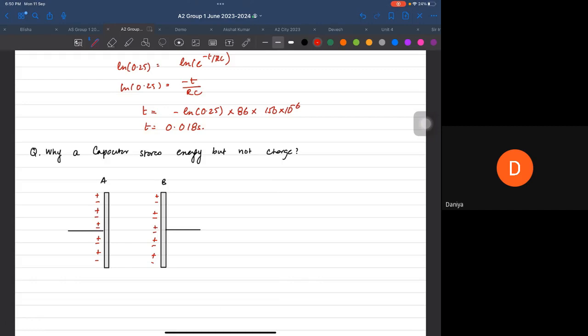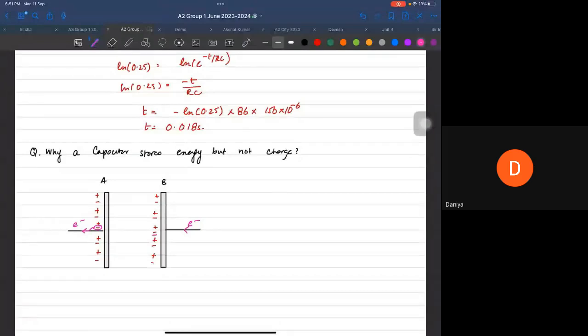Now, when one electron enters from the battery, what you guys need to remember is that it adds up to this. So there are more electrons on plate B. From plate A, because of the repulsion, one electron leaves. Now what's happening? One charge is being added, one charge is leaving.